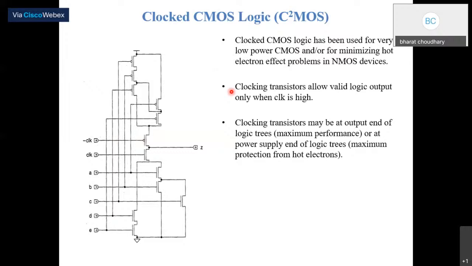This clocking transistor is high, to maximize or at the power supply end of the logic gets maximum protection from the hot electrons. So these are the circuits which are used for low power VLSI design.